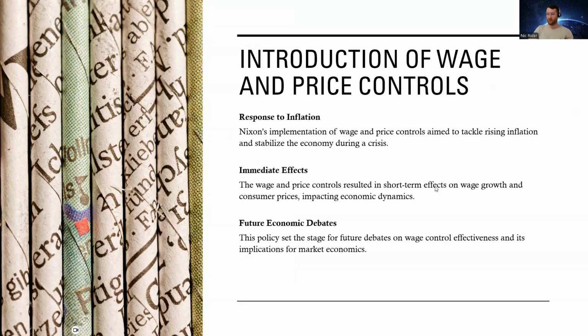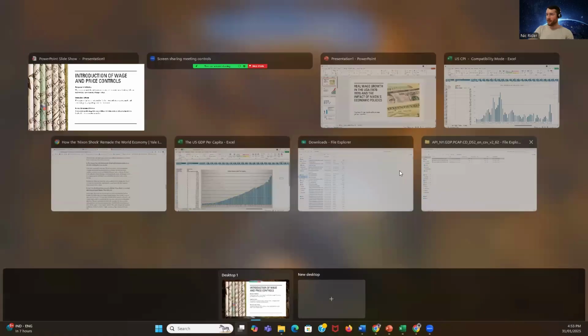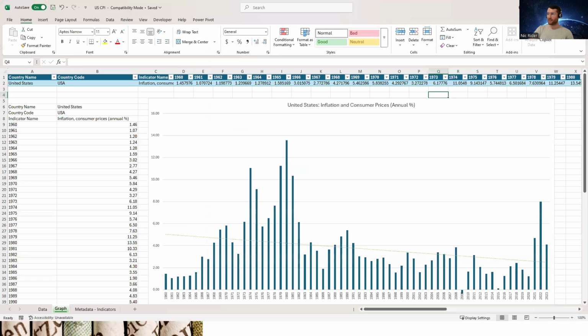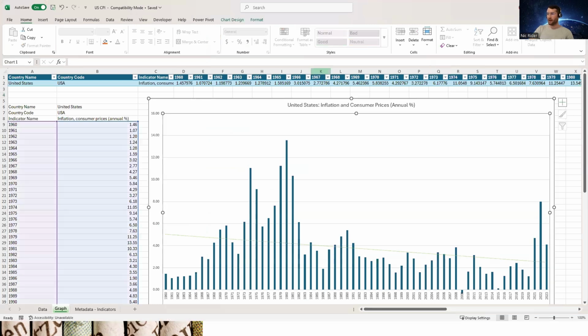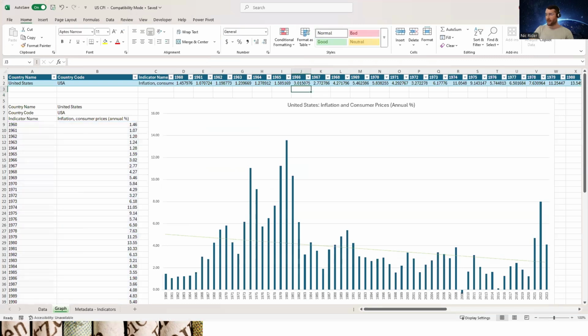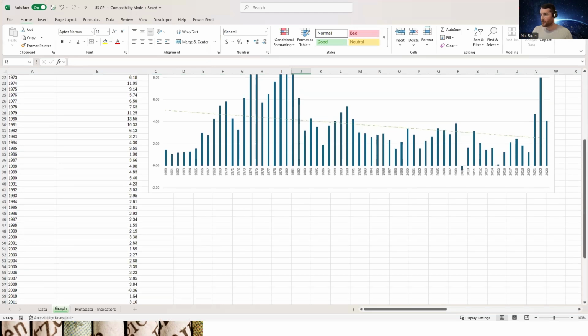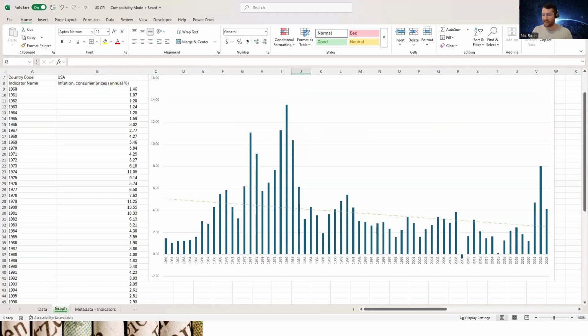And I can show some data on this particular period. I come up here and use US CPI, Consumer Price Index, to measure inflation. What you can see on the screen is that in 1971 it was pretty solid.